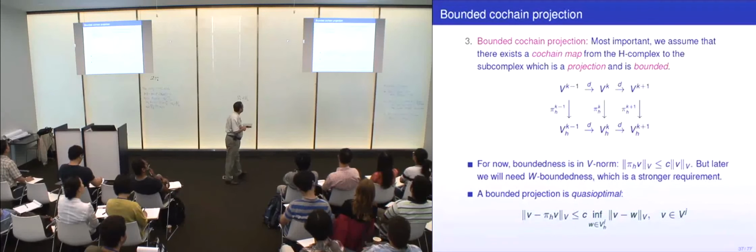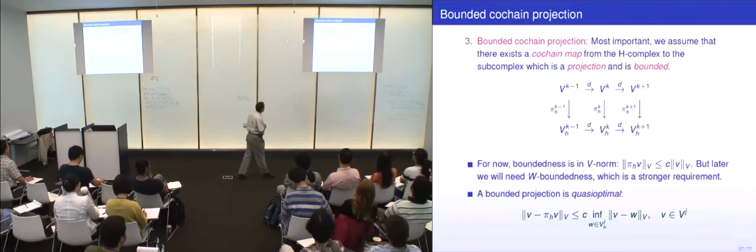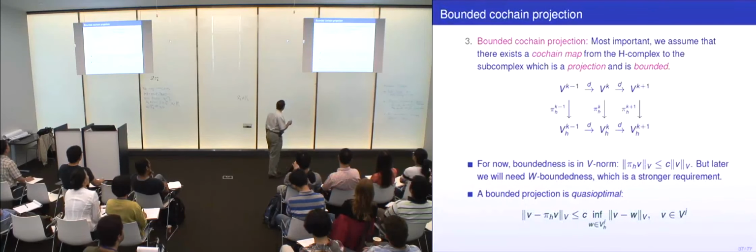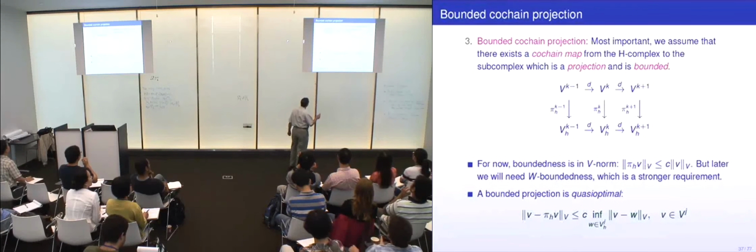Okay, and here is the key assumption: bounded cochain projections. So we now have a complex, or a little piece of a complex, V^{k-1}, V^k, V^{k+1}. And we have a subcomplex, because we assume that the subspaces we choose form a subcomplex.